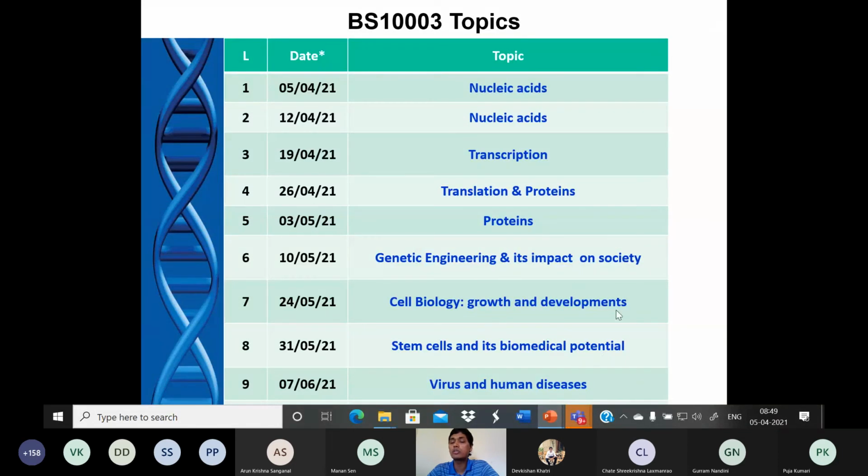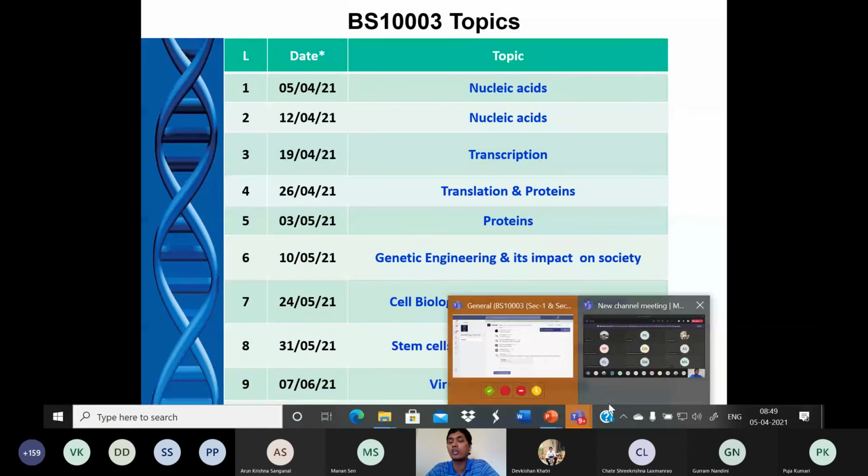Then we will discuss how our body defends itself. That is called the host immune system. But before that, we will discuss viruses and human diseases, and why we need to defend ourselves. There are many challenges that we are facing constantly.